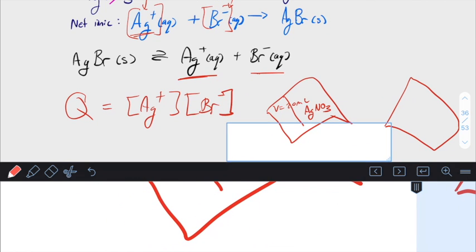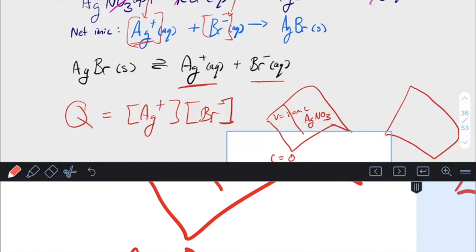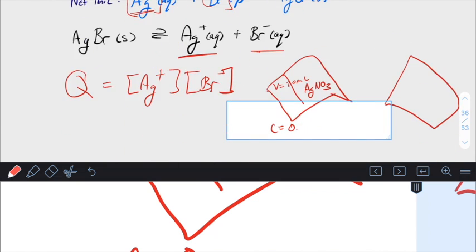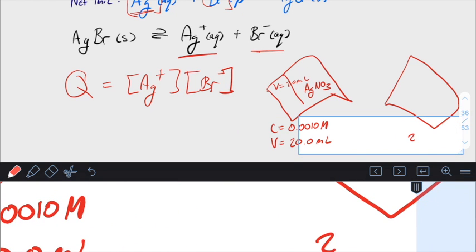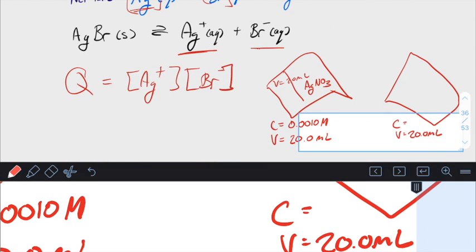And we said that their concentration here was 0.0010 molar, and I have a volume which is 20.0 milliliters. And on this other side I have 20.0 milliliters as my volume, and I have that very small concentration. What did we say it was? 3 times 10 to the negative 5.